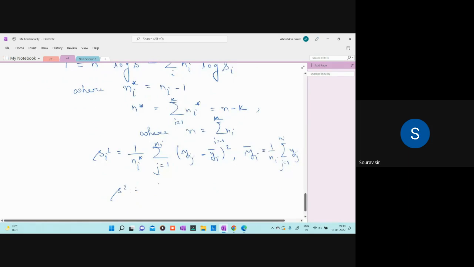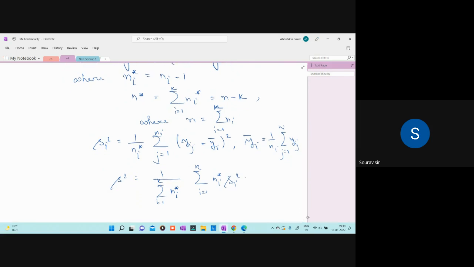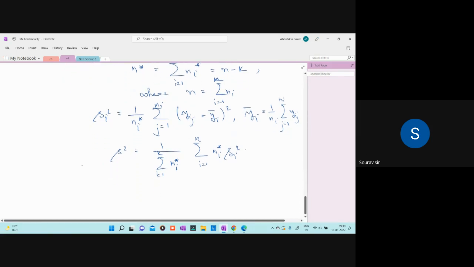Finally, s square is 1 by summation of ni star, i from 1 to k, times summation of ni star si square. As I was telling about the array type data, yij comma xi can be one of my array type data where j runs from 1 to ni and i runs from 1 to k.